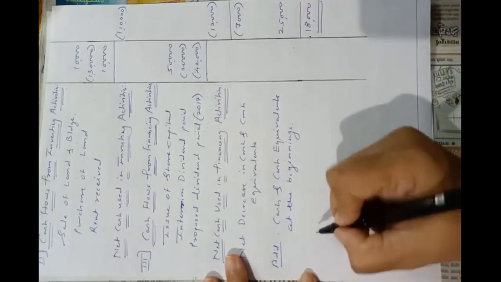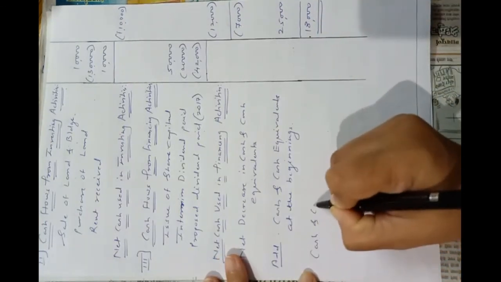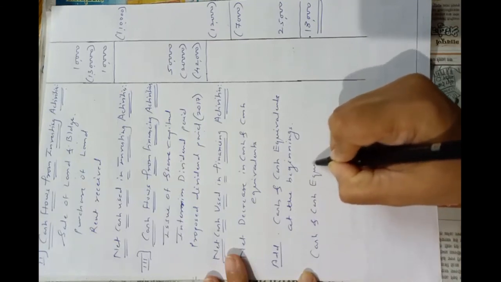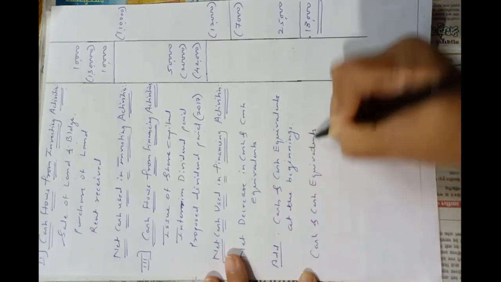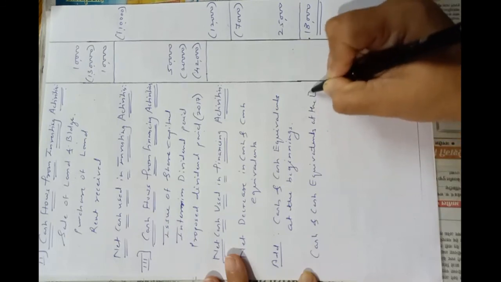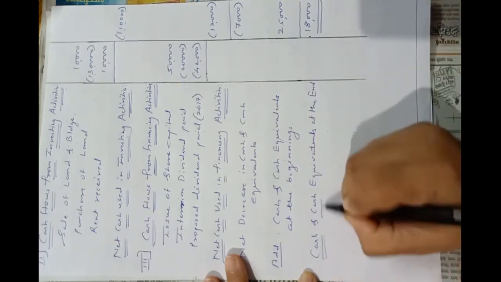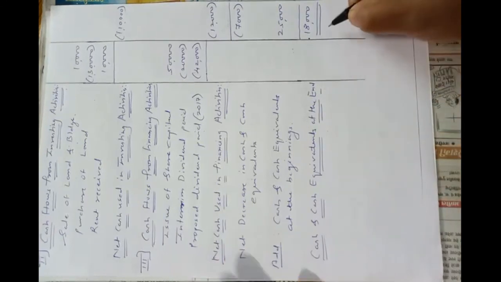Okay, this is cash and cash equivalents at the end. See in the problem, their closing balance of cash and cash equivalents given is 18,000. So our cash flow statement prepared is correct. In this way you have to prepare cash flow statement and these notes in your notebook, and if there is any doubt you can ask. Okay, that's all.